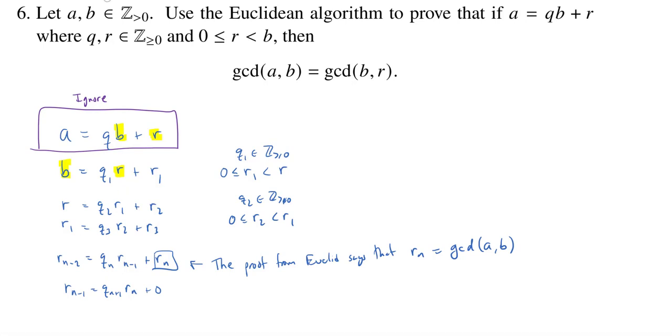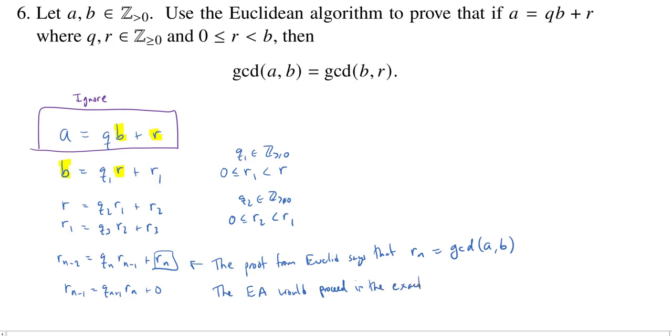So the Euclidean algorithm, I'll just call it the EA, would proceed in the exact same way, starting from B, R rather than A, B. And so we get the exact same remainder in the last step, R sub n.